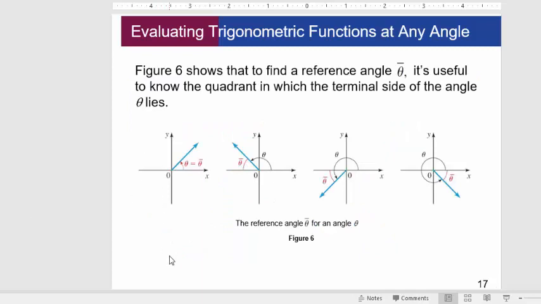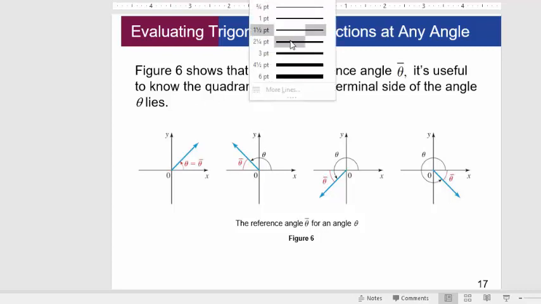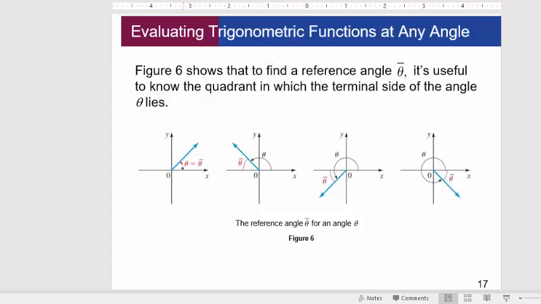And then there's just some more examples of it, right? And this is where it's actually nice to think about how you would get it. In the first quadrant, it's easy. Theta is the same as theta bar. But in the second quadrant now, what happens? All right, well, that's your theta. That remaining angle there was your theta bar. So what's this? This is the whole 180 degrees minus what theta was.